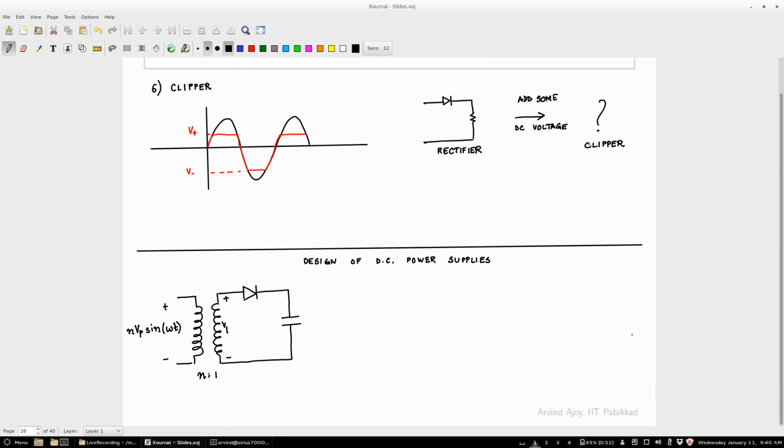Let me say my input here is N times Vp sine omega t, so that the voltage here becomes Vp sine omega t. Otherwise, I have to introduce another variable. What do you think the voltage across the capacitor will be?